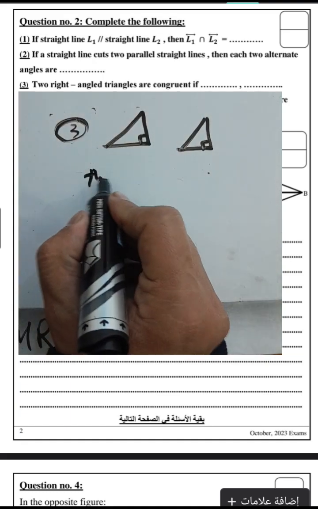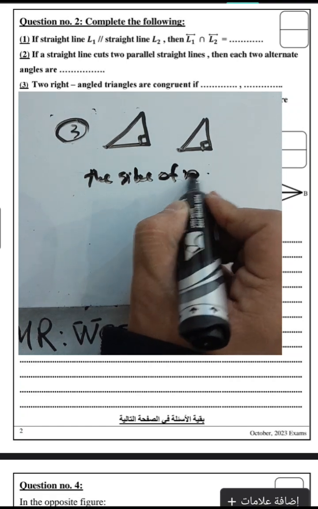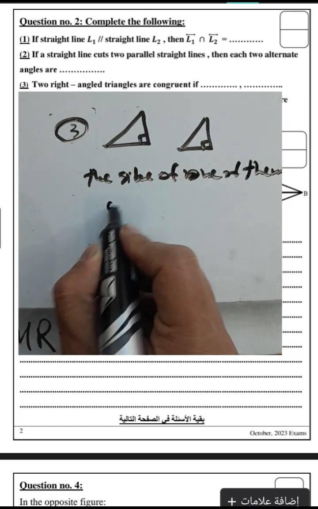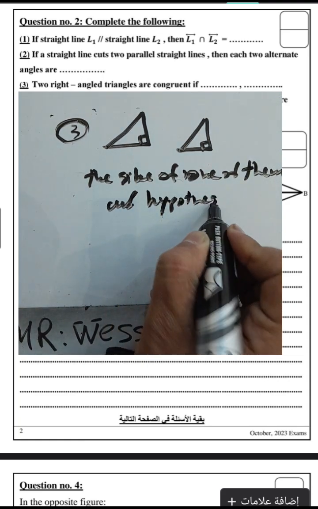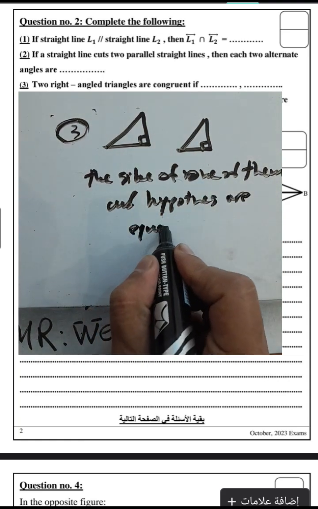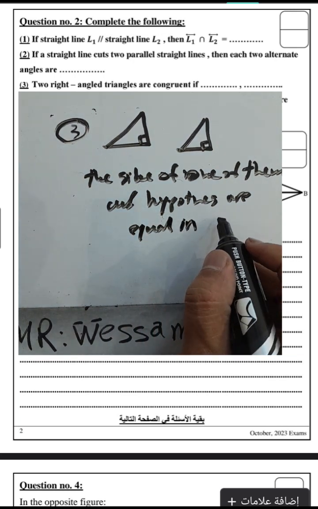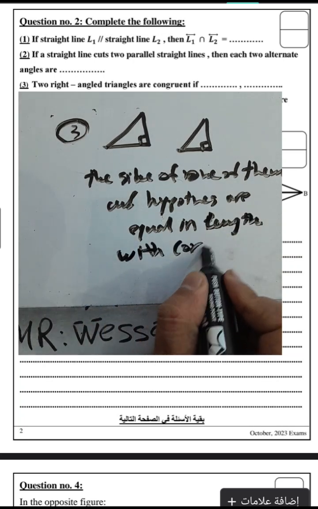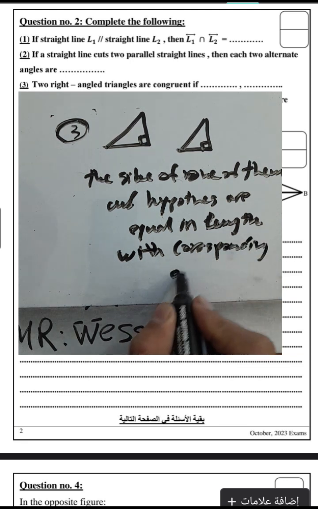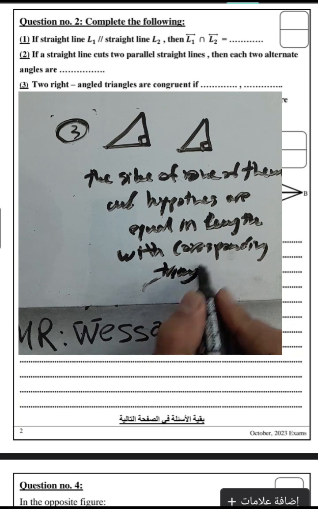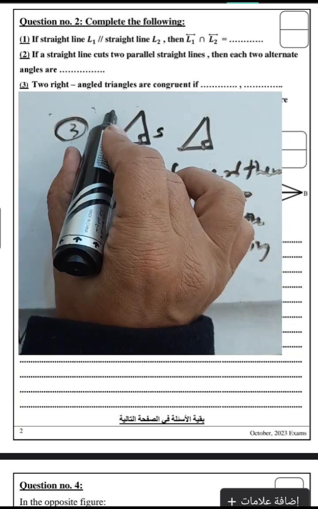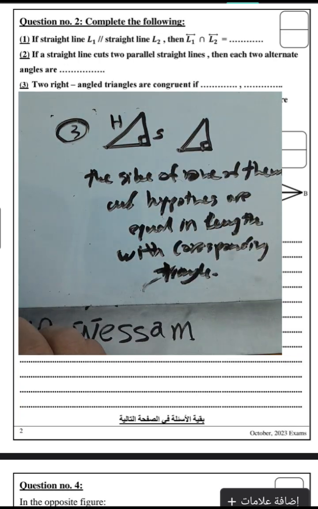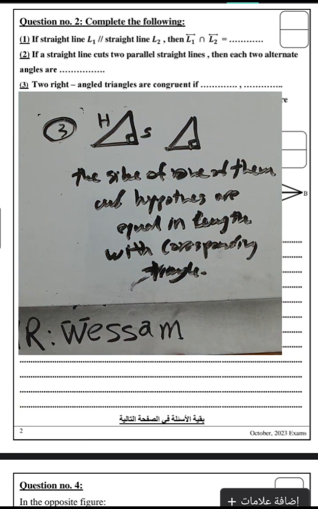If the side of one of them and the hypotenuse are equal in lengths with the corresponding triangle, we call it side, hypotenuse and right angle. The side of one of them and the hypotenuse are equal in lengths with the corresponding triangle.